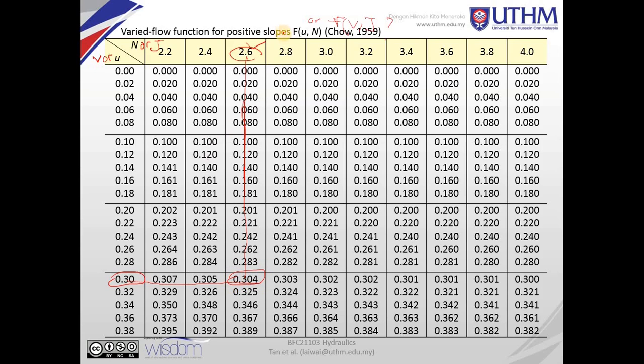So the answer for fun or fvj for this first case is equal to 0.304. This is the first case, when we have the direct intersect between the vertical values from the n or j values with the horizontal values from the v or u parameters.